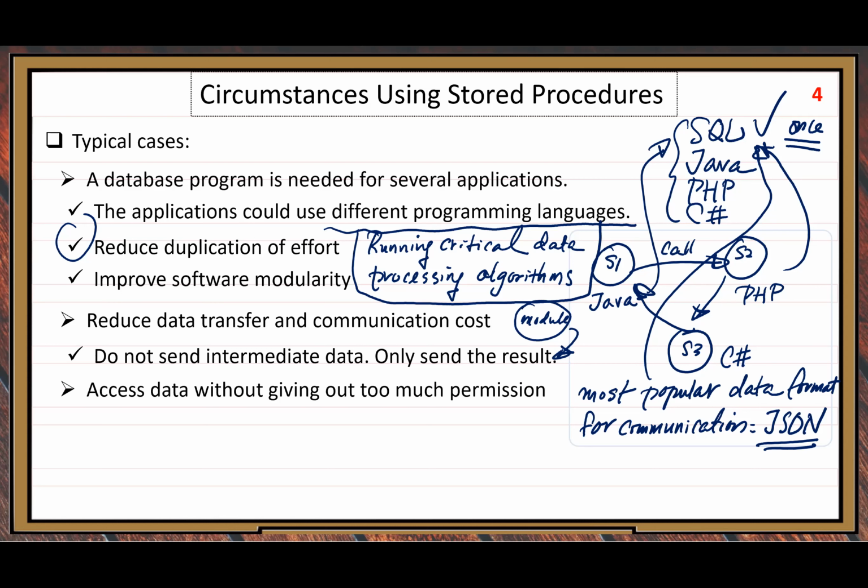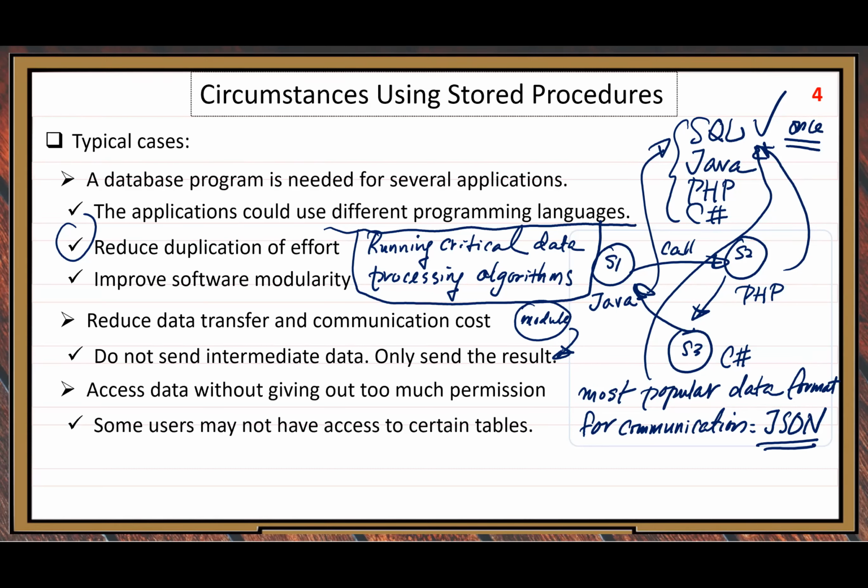Access data without giving out too much permission. This is another point. Last time I didn't talk about it. So this time, there is another reason we have an advantage using stored procedures. Why? Let me explain. Some users may not have access to certain tables.